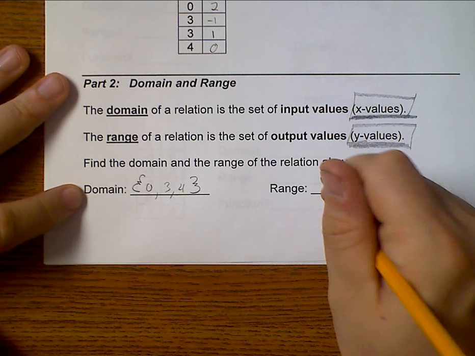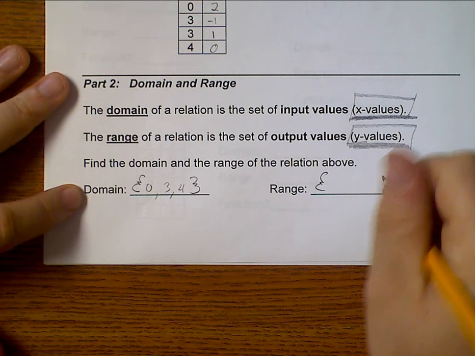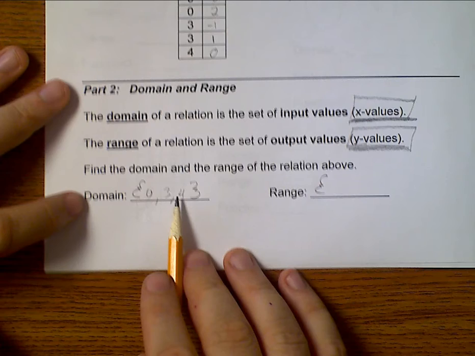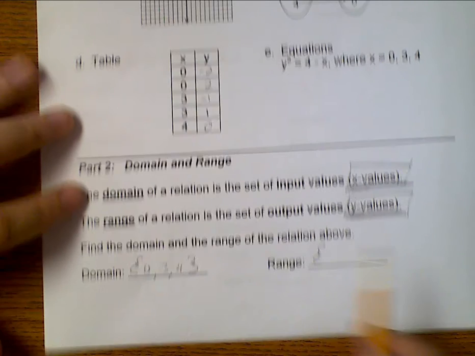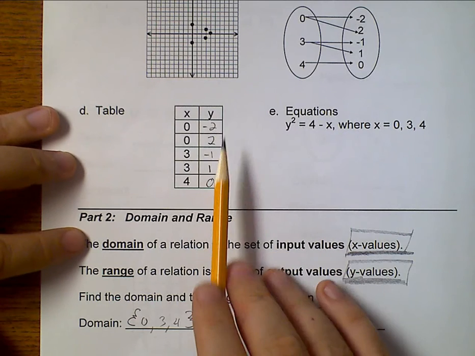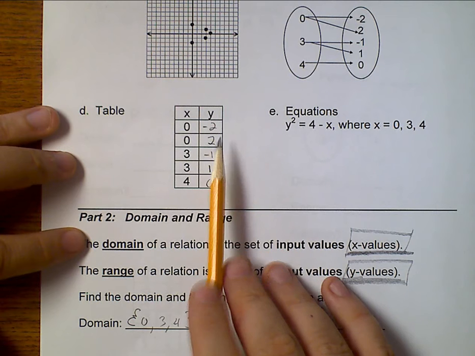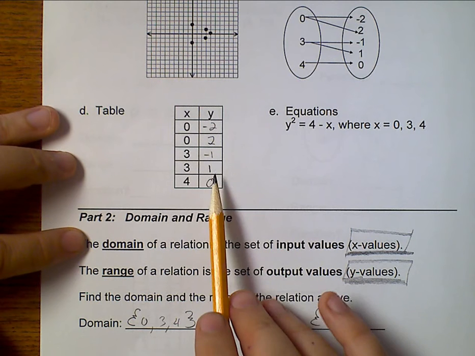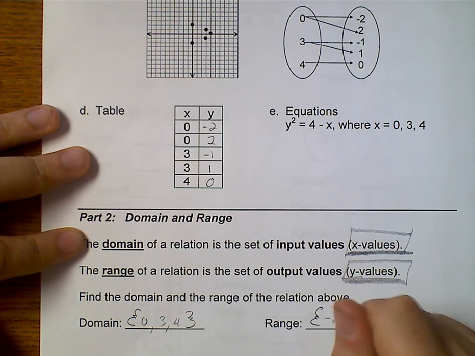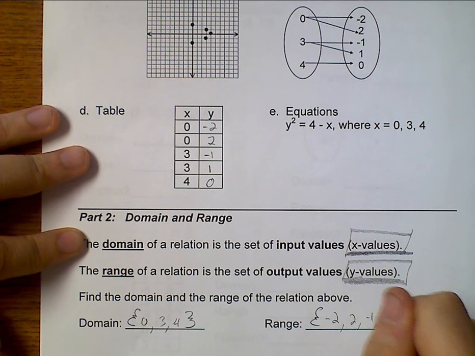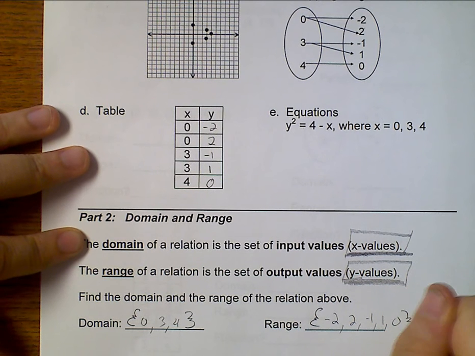I'm going to do the same thing for my range. My range, those are my y values. And so I have -2, +2, -1, +1, and 0. And so that's my range.